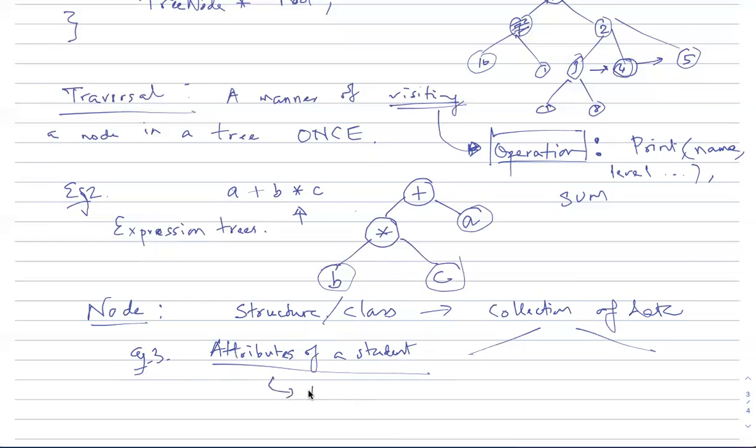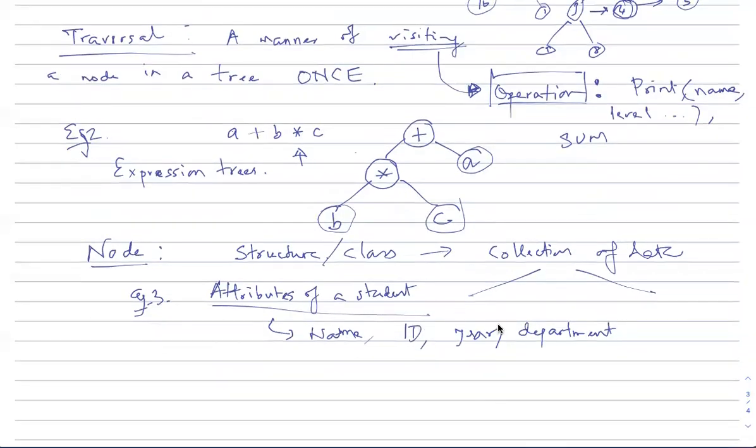So what kind of attributes? Can be name, can be ID. What else? Maybe year, department. So there can be so many attributes that can be associated with a student.